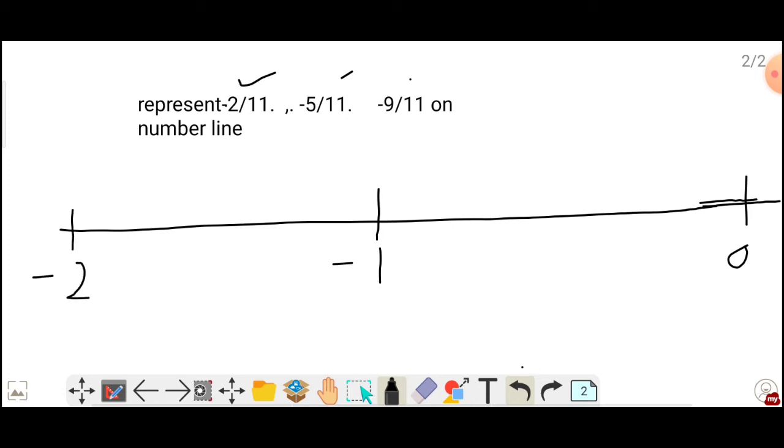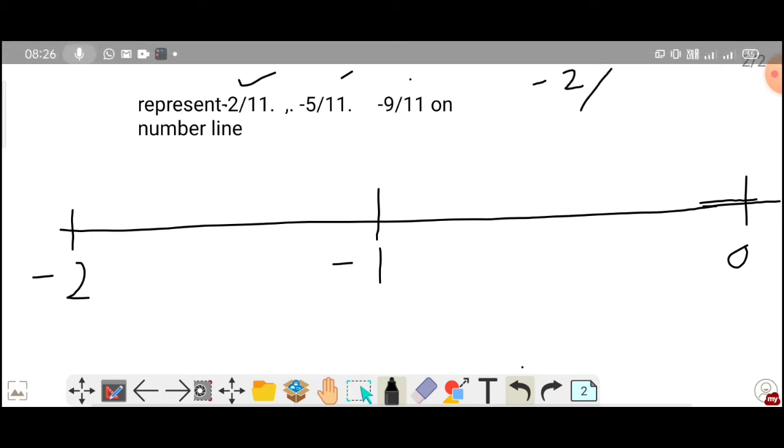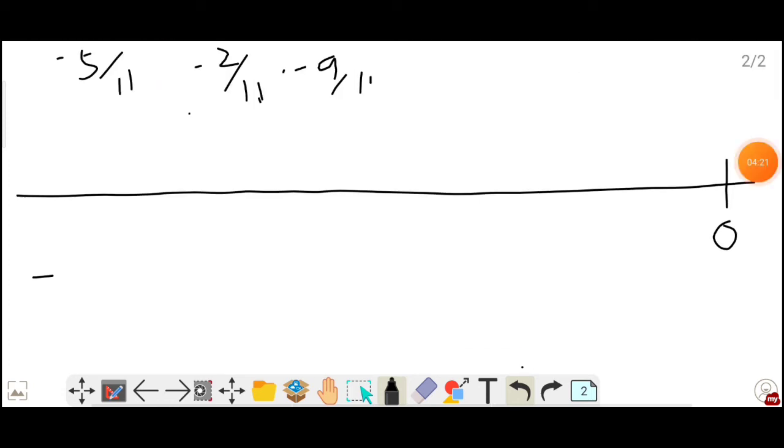Observe the denominator part; they gave minus 2 by 11, minus 5 by 11, minus 9 by 11. Observe this denominator, 11. It means between 0 and the negative numbers, suppose this one is minus 1 point and here it is minus 2. We need to prepare 11 equal parts because the denominator is 11, between 0 and minus 1.